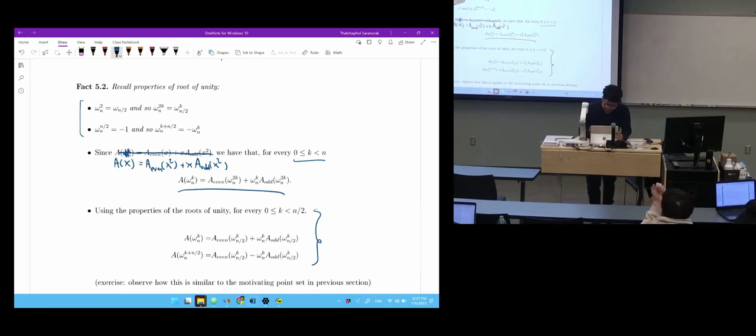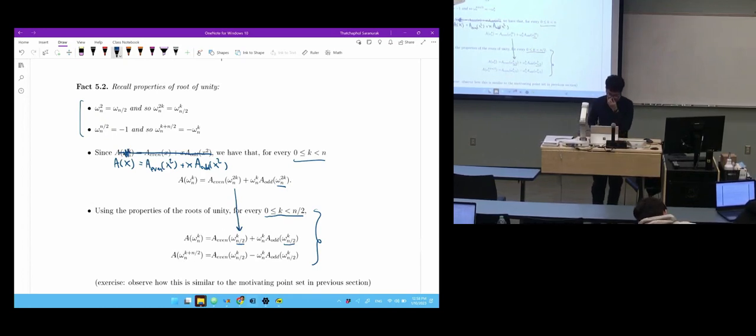For every k that ranges from 0 to n/2, instead of this thing, I can rewrite it in this way. Instead of omega n to the 2k, this is now omega sub n/2 to the k. And I just write it down here.